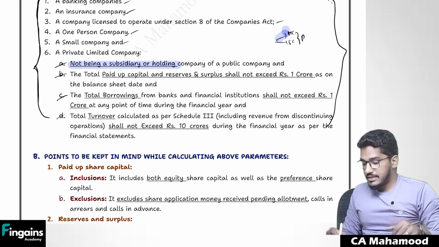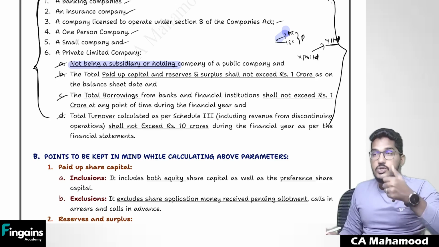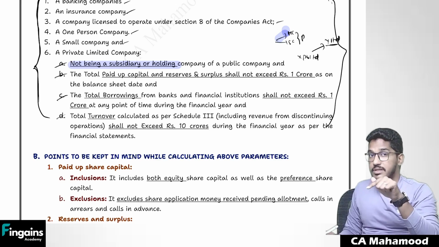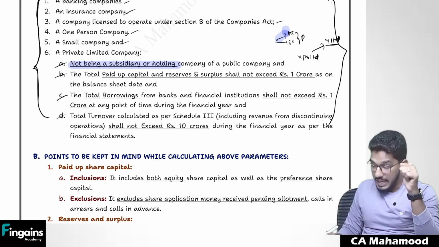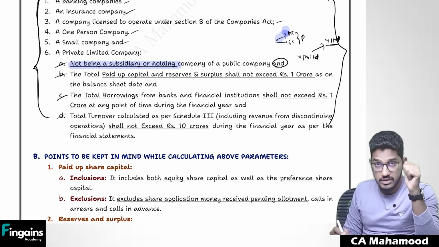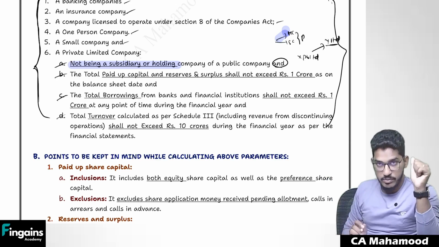So if that is the case, for example, your client is X Private Limited, but your client has one holding company, which is Y Limited, which is a public company, then CARO will become applicable for you. So neither the holding company nor the subsidiary company of your client company should be a public company. And when they are using the term 'and', they are expecting you to comply with all the conditions. So first condition, I hope everybody is clear.